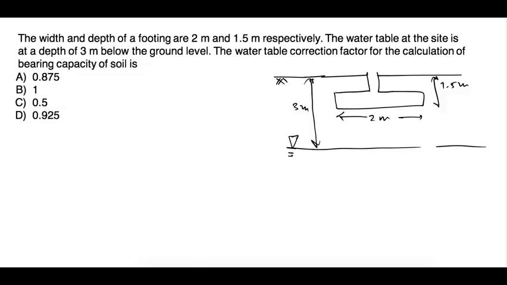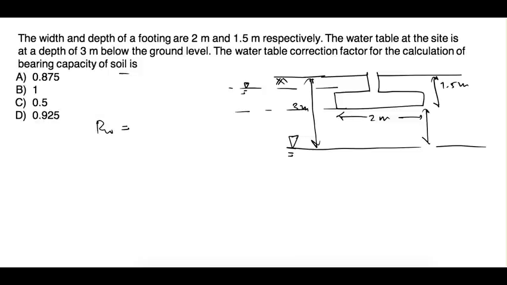The water table correction factor for the calculation of bearing capacity. So when we see the water table correction factor, we take it in two ways, or separately for two parts, that is if the water table is in this zone or if it is in this zone. So how do we check it? First let me write the formula.